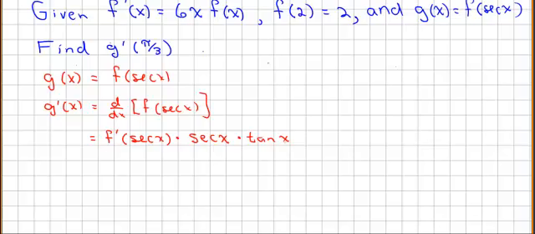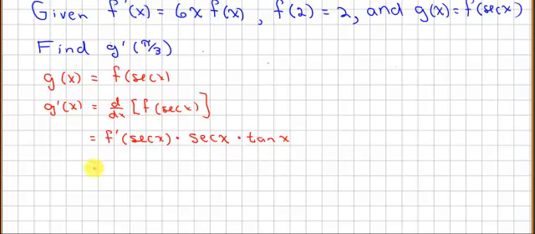Now further, we know that f prime of x is 6x times f of x. So for f prime of secant of x, in each instance of x we'll have to replace the x with secant of x.